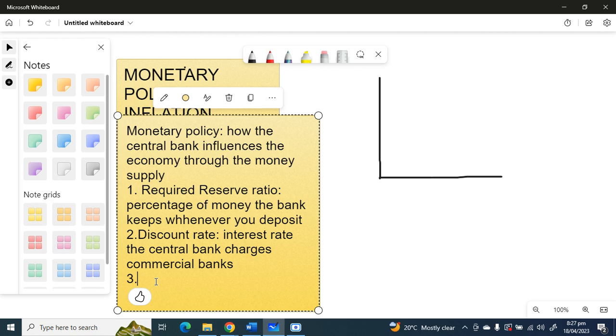And the third one is open market operations, where the central bank either buys or sells financial securities. These financial securities can be shares, bonds, all right? Open market operations.